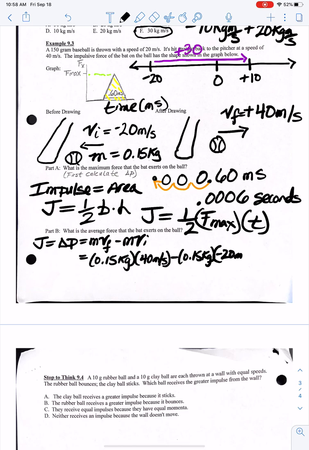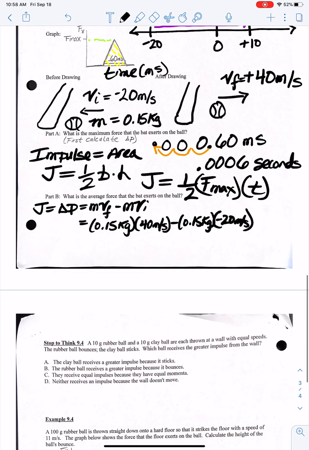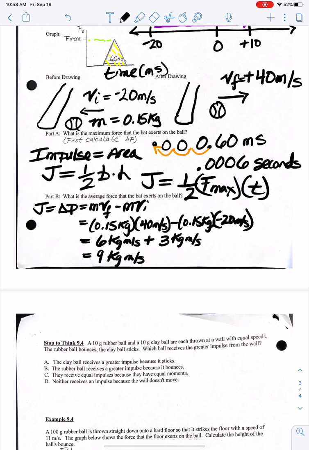It's for the ball. So we're once again going to end up adding here, because we have a minus and a negative. So we're going to get 6 kilogram meters per second plus 3 kilogram meters per second. And then from there, that's going to be our J.